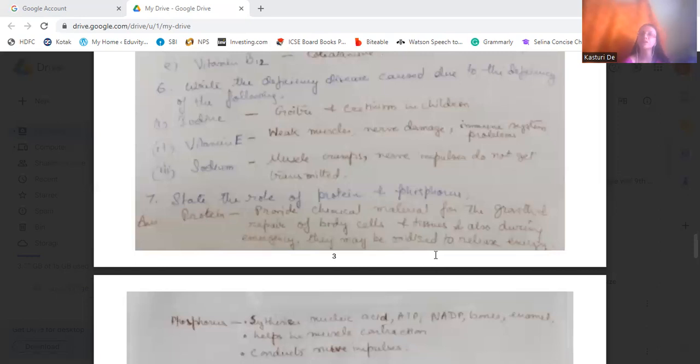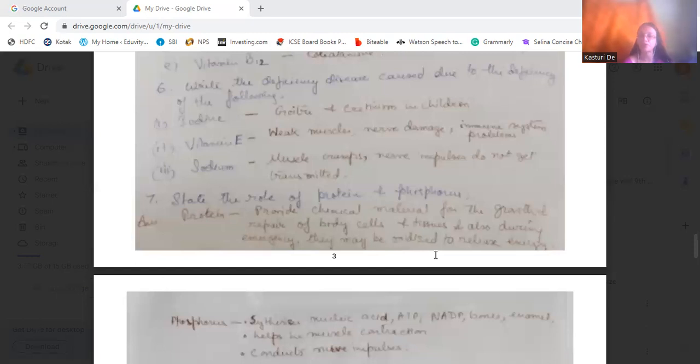Okay, then I told you it also repairs the body cells and tissues. So if a person has undergone any operation or surgery, he is advised to take more proteins. So that person is given more proteins to heal his body.